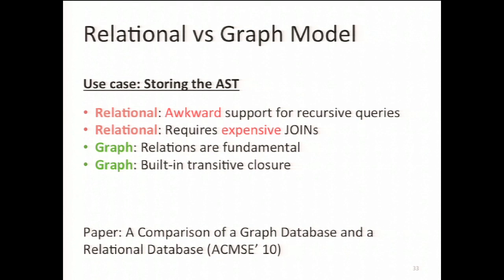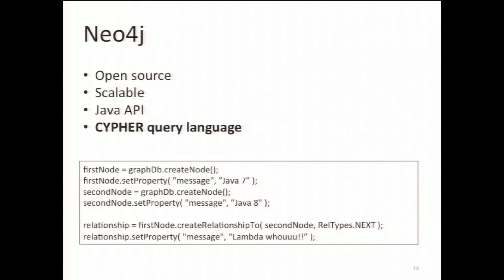And you get graph traversal for free, which is very useful, and also you get transitive closure operations, which turns out to also be useful. So we settled for Neo4j, which is open source, scalable, has a Java API, and it has a query language.